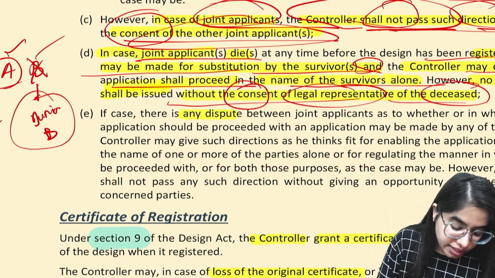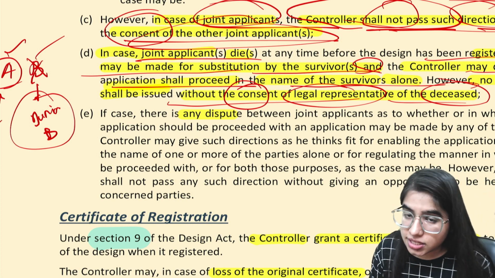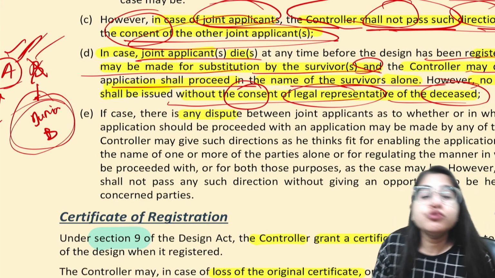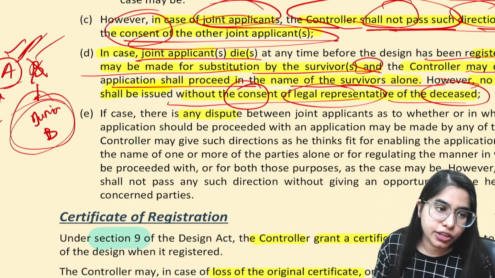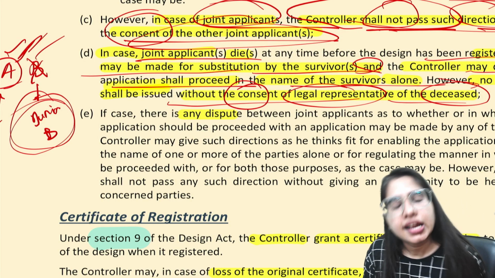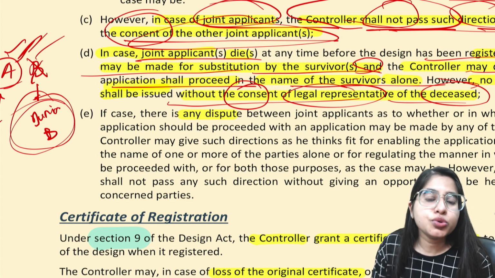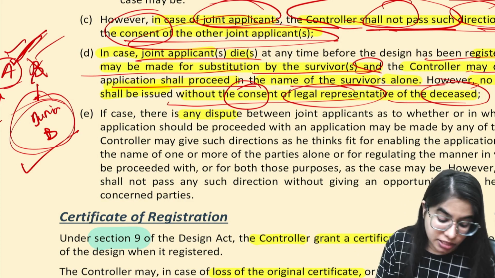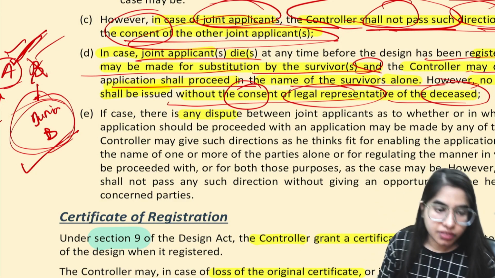So the controller can register that design solely in the name of the survivor, Mr. A, only with the consent of junior Mr. B, the legal representative of Mr. B. Are we clear with this? Otherwise, if he does not give consent, then that design has to be registered in the name of Mr. A and junior Mr. B also, the legal representative of Mr. B. Are we clear with this? That's it.